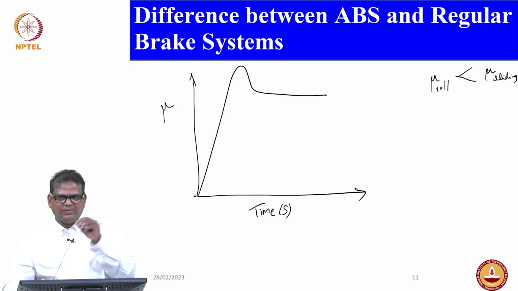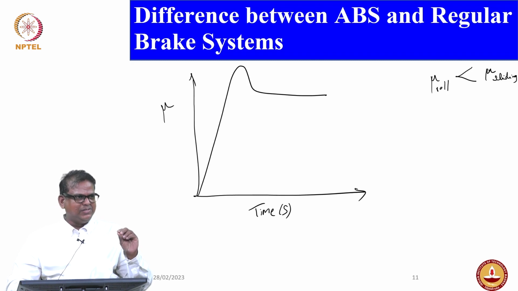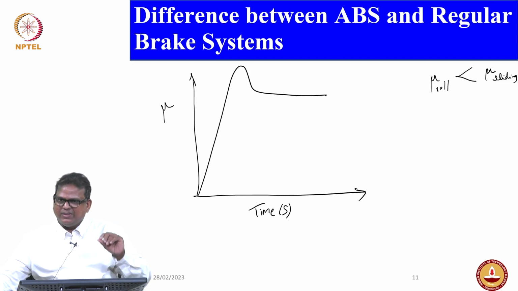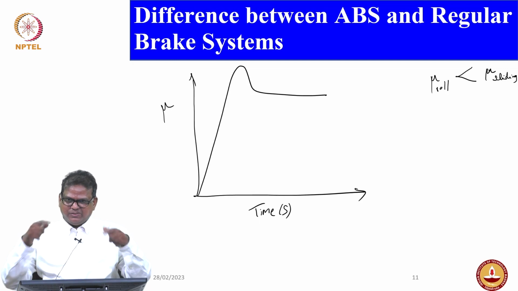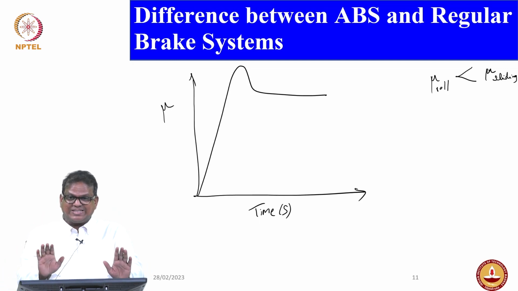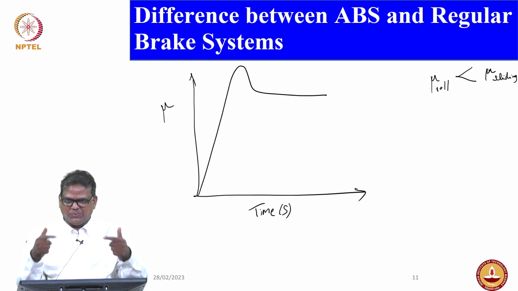How about ABS? Remember, in the video it's clearly mentioned that the pulse is given at regular time intervals, right? Pulse is given. What does it mean? If the wheel is rotating, the moment I apply the brake, it slides. At that time, again release the brake. If they release the brake, what do you expect? It starts rolling.